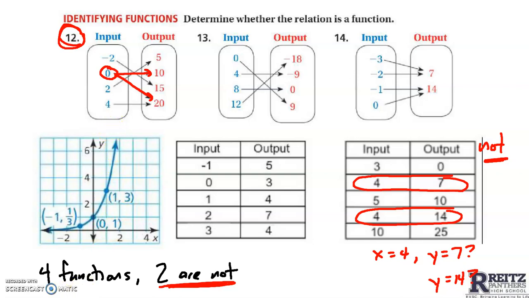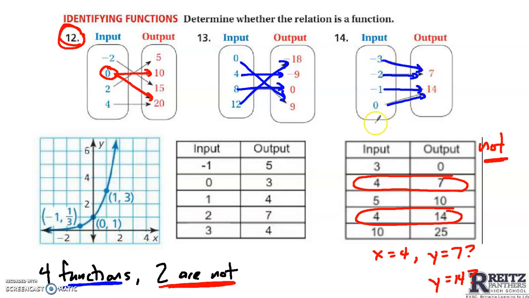The other 4 are functions. In this mapping, I know where every x goes. Every x goes to only one y. There's no x that has multiple y's that go with it. And even if that's true, it's okay that these 2 x's go to the same y and that these 2 x's go to the same y.